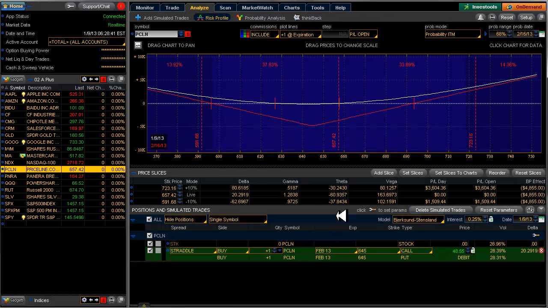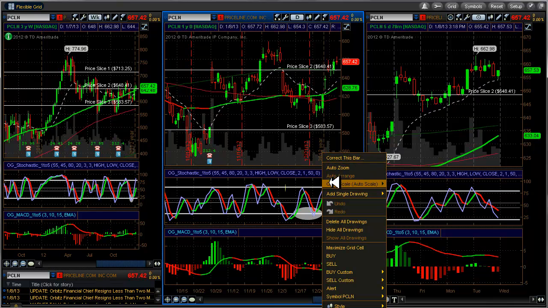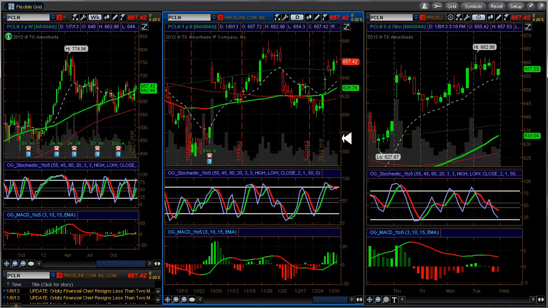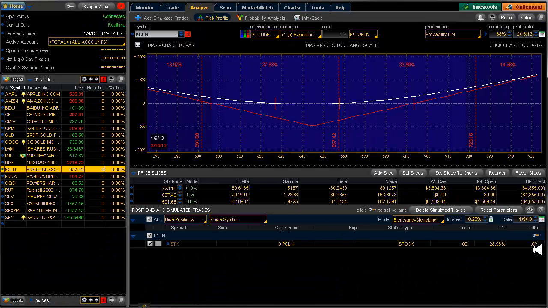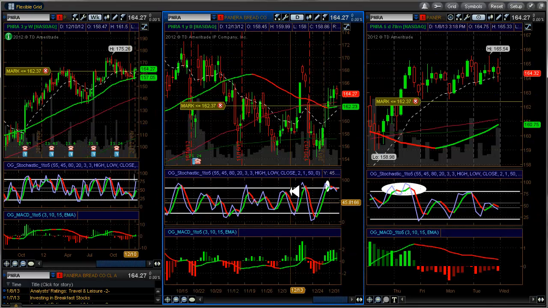This was that straddle that we were looking at, possibly doing, and actually, I don't know, it might have been making a little bit of money, but not much. So I want to delete all drawings here. I want to clear this thing up. Still don't know exactly what to do with price line, and I haven't thought about it during the day either.